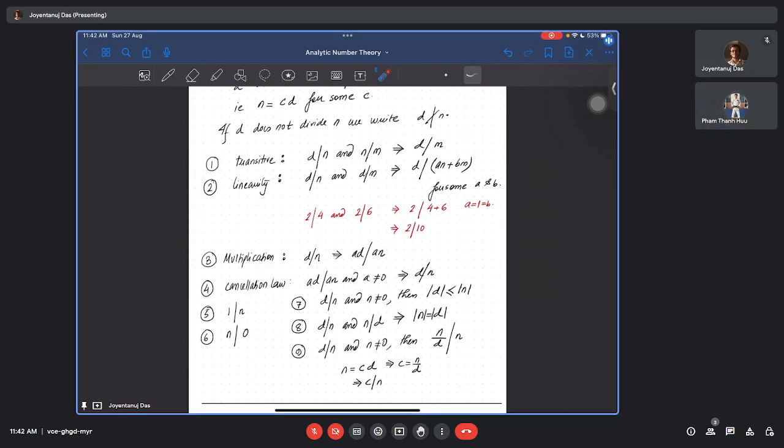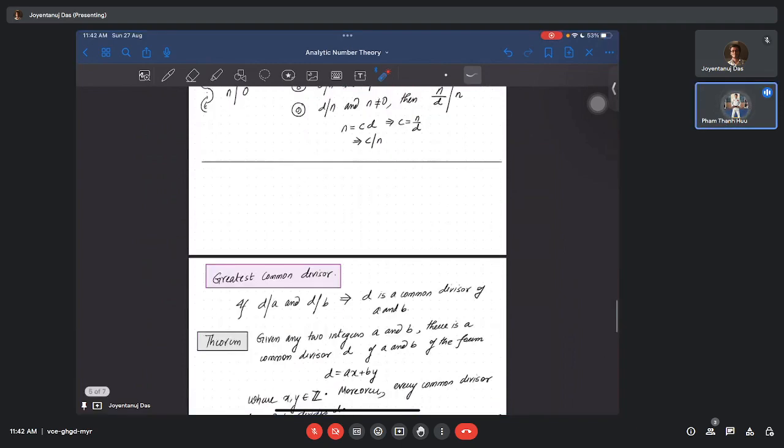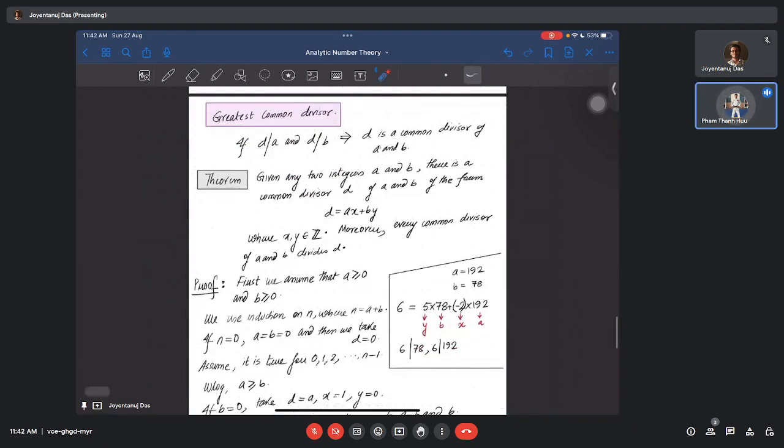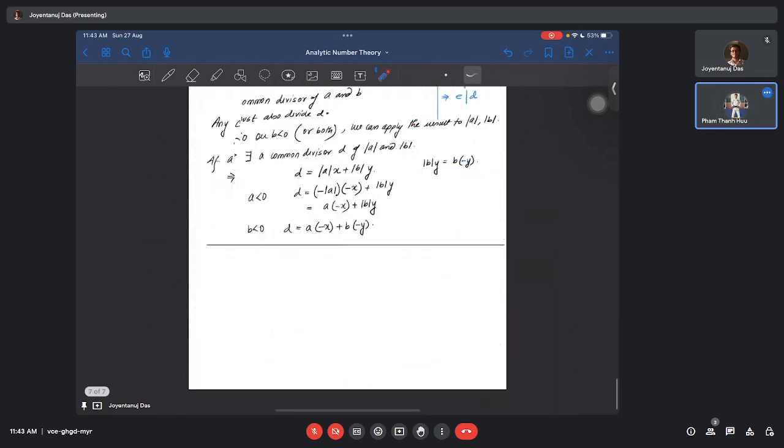So you know that d divides that combination, but it is not always equal. Okay, got it. You see the difference.